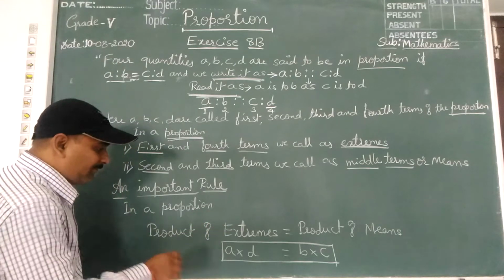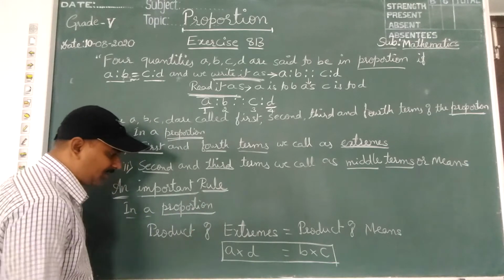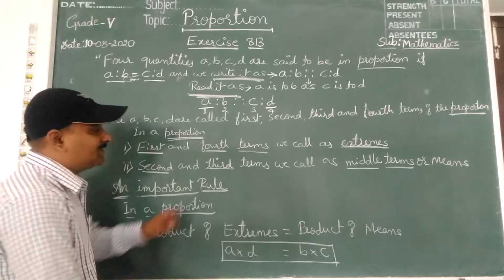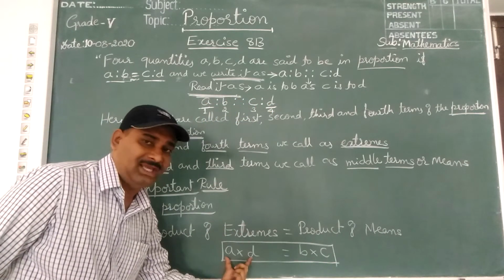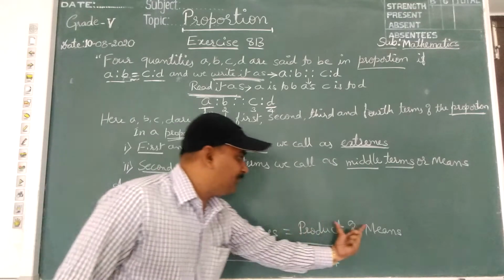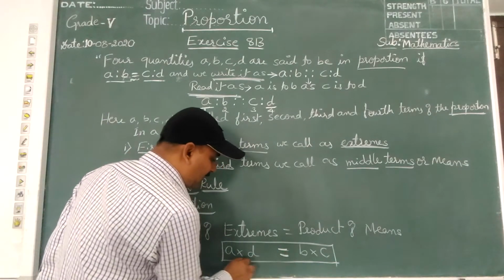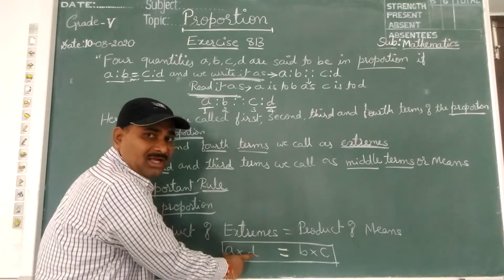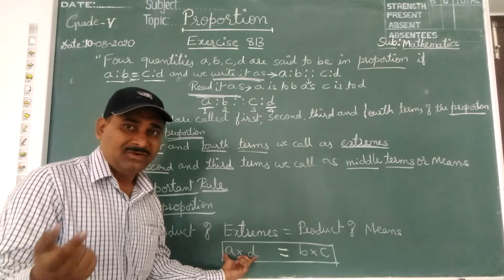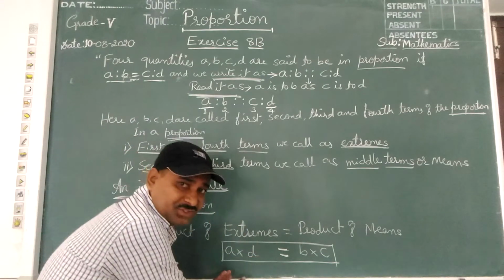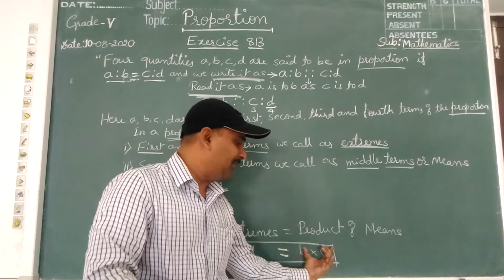See, an important rule of proportion: product of extremes, meaning we should multiply A and D, and product of means, B and C. When these two are equal, we should multiply the first term and fourth term, and keep it here. We should multiply the second and third terms, that is the middle terms, and keep it here.